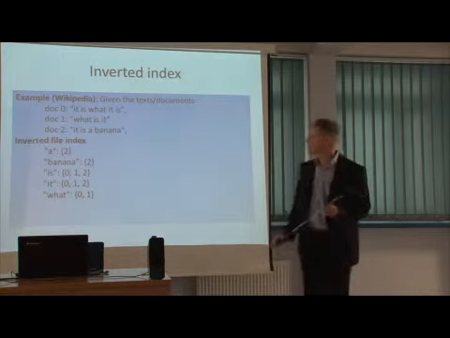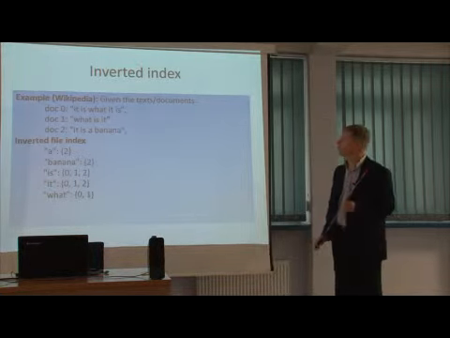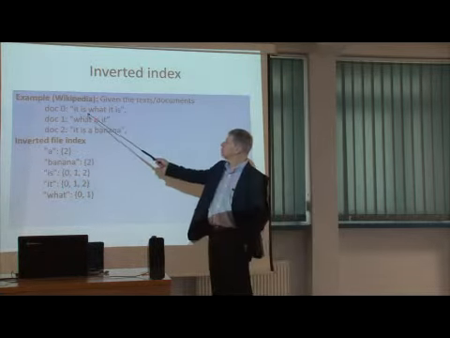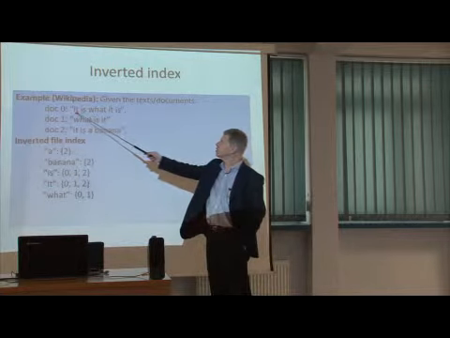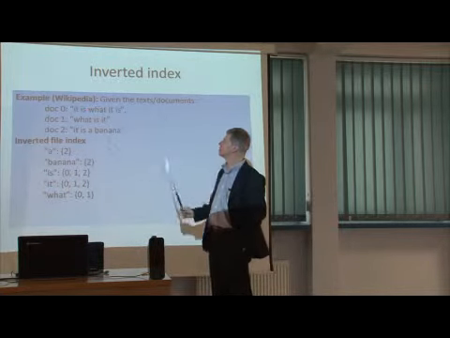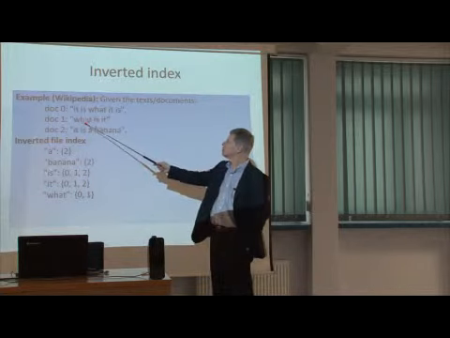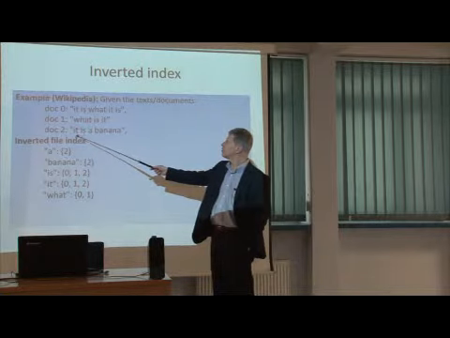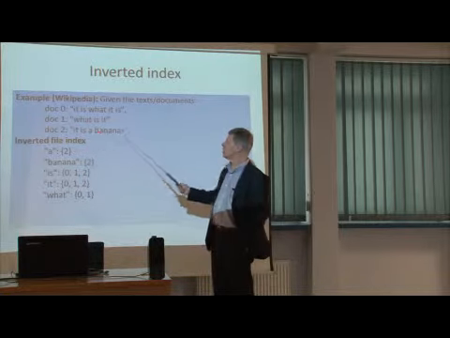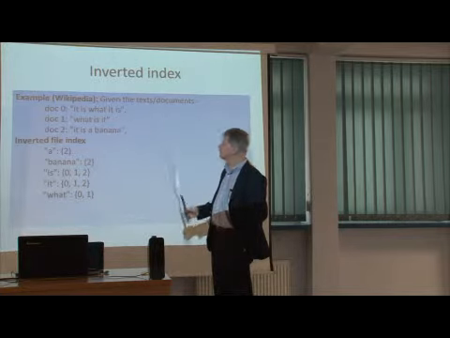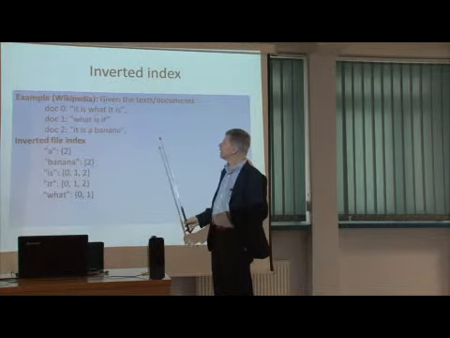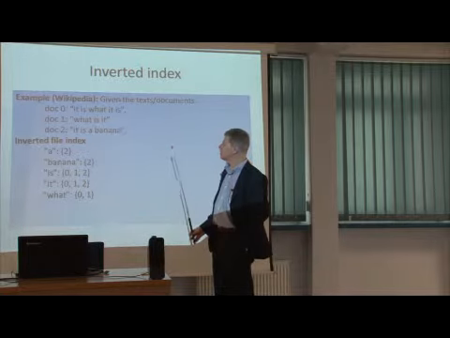So let's look at it more mathematically. This is an example from Wikipedia. We have 3 documents. The first document says "it is what it is". Document 2 says "what is it", and the third document says "it is a banana". It's a silly collection of words, but the advantage is that some of them repeat, so we can use it to explain this.